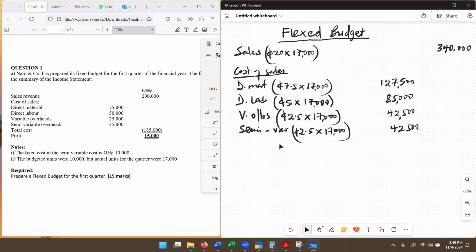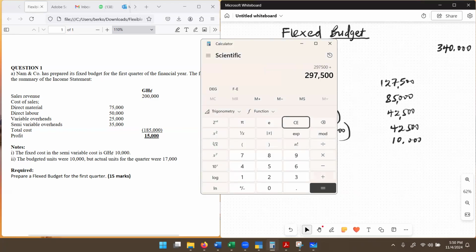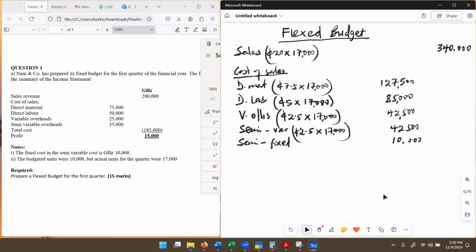That gives 297,000. All right, so we need to add the fixed. The fixed amount in it is 10,000. As for fixed costs, they don't change anytime we are flexing a budget. So it will still remain the same. So plus 10,000, 307,000. So the total will be what? 307,000.